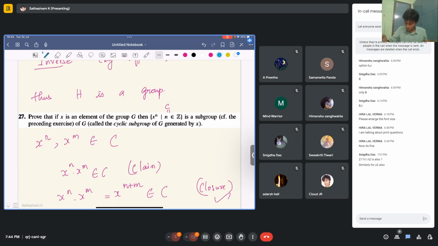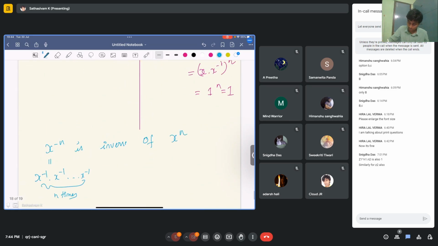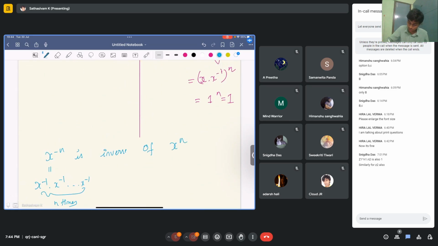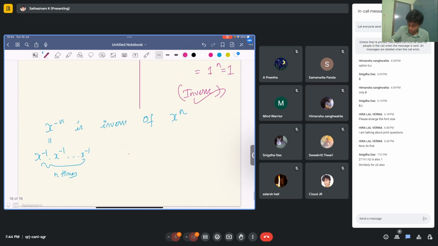We have proved it is closed under the operation, and we have proved the inverse also. So that means the inverse is also done. So by the previous problem, C is a subgroup.